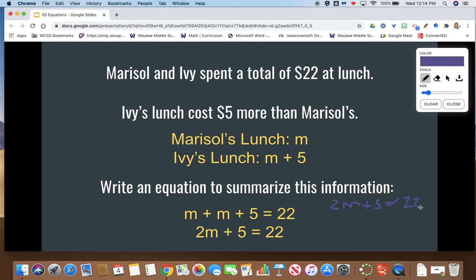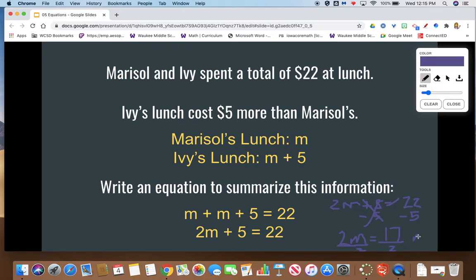To solve, we would subtract 5 from both sides. Start by getting rid of that constant. We're left with 2M on the left equals 17 on the right. We then would divide both sides by 2 to get M by itself.